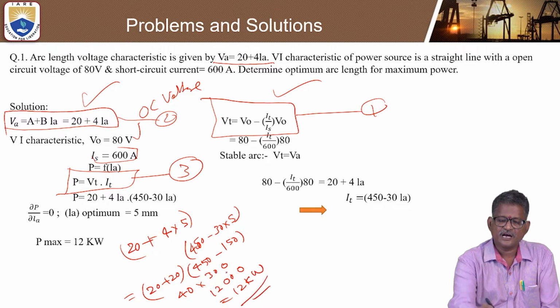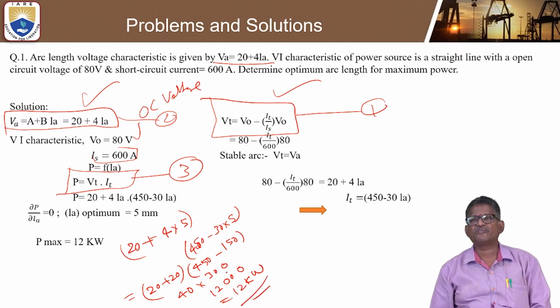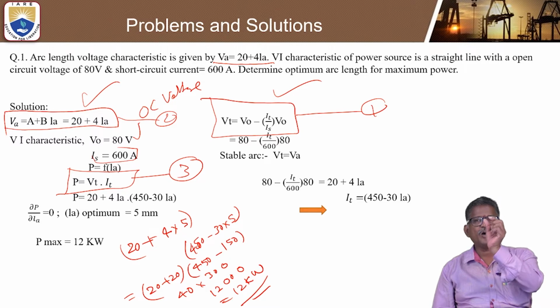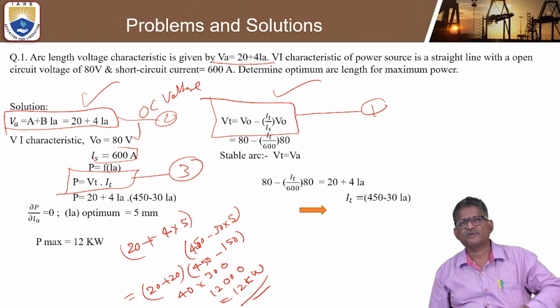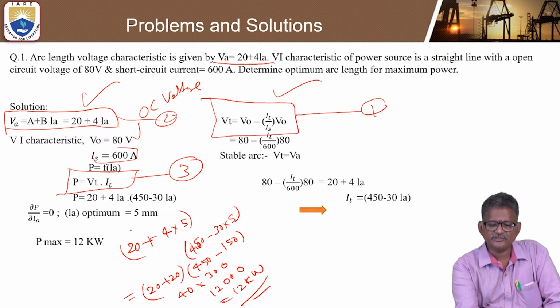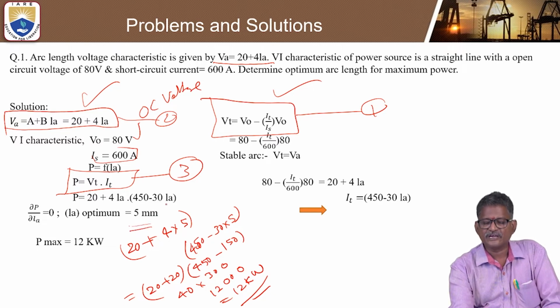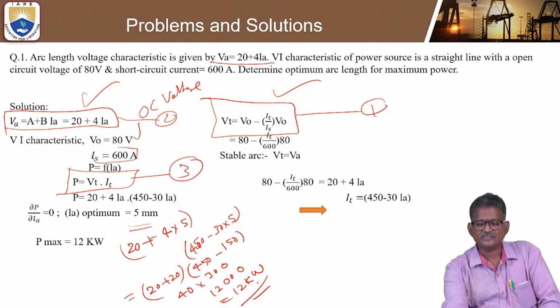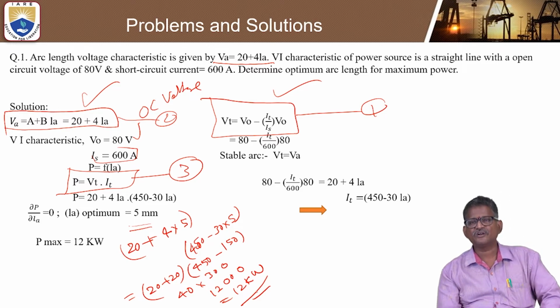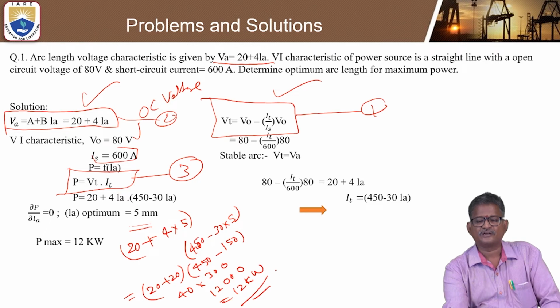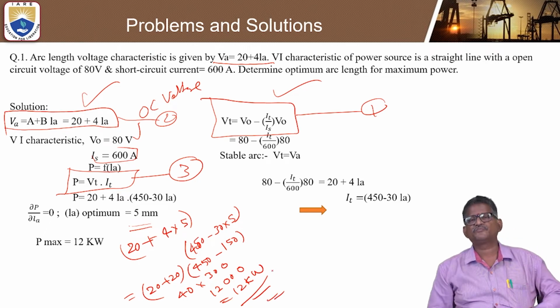This is the answer for the maximum power. The problem was to determine the optimum arc length for maximum power. While solving this, we get the optimum length as 5 mm. Substituting the 5 mm in this equation, we get 12,000 watts, which converts to 12 kilowatts. So this simple problem is given for 5 marks.